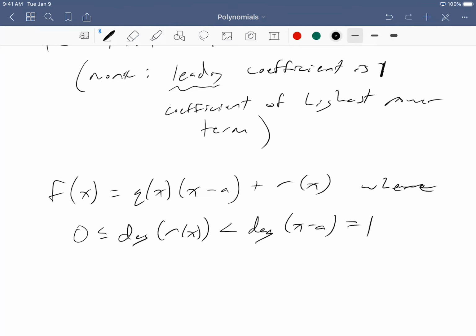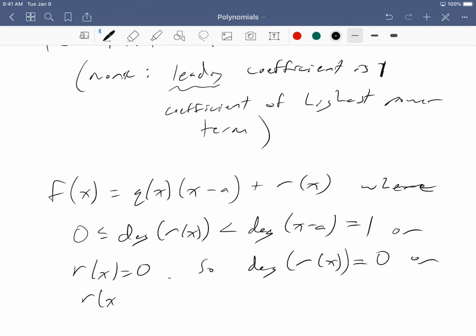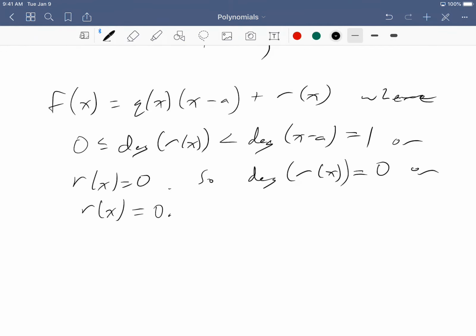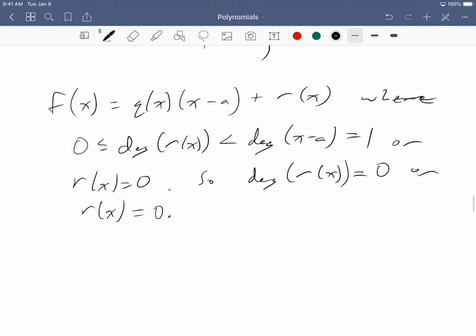Or r of x is the 0 polynomial. So the degree of r of x is 0, because it has to be greater than or equal to 0 but less than 1, or r of x is equal to 0.